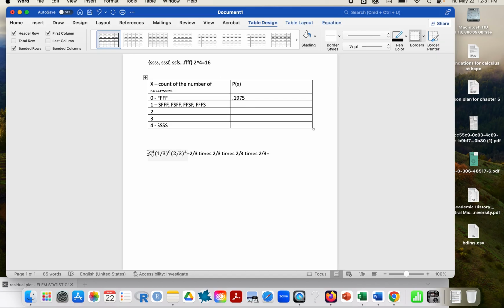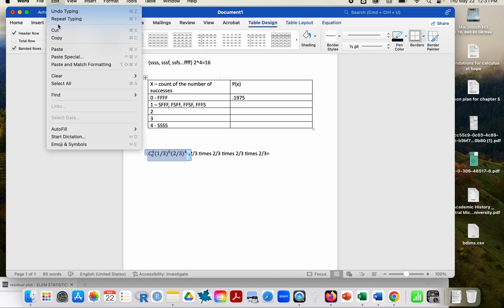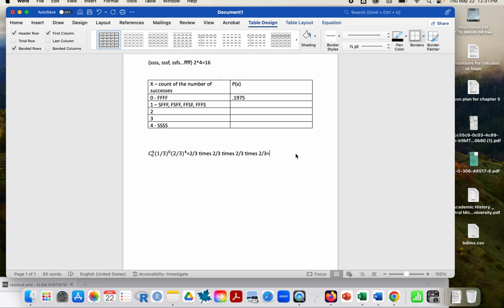Now we're going to do the same idea. We're going to take this thing here, and we're going to edit, and we're going to copy it. And now we're looking for 1 success. So this changes to a 1, this changes to a 1, this changes to a 3. And so what's going to happen is the following.